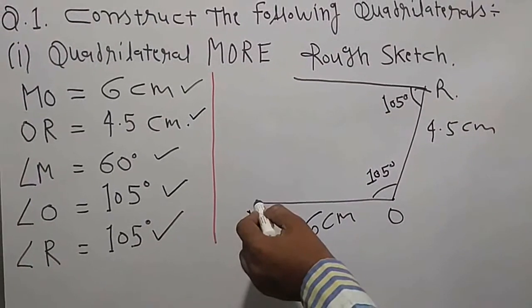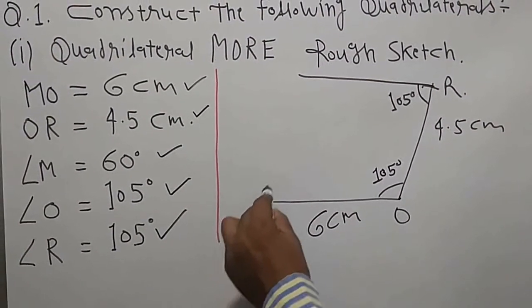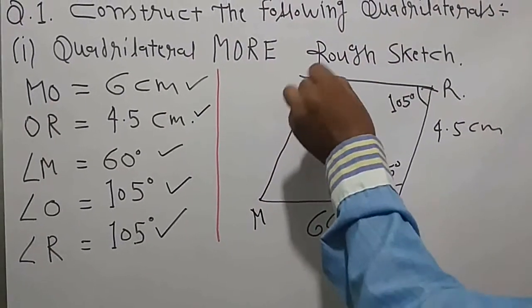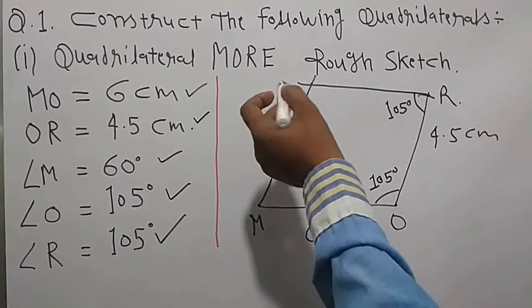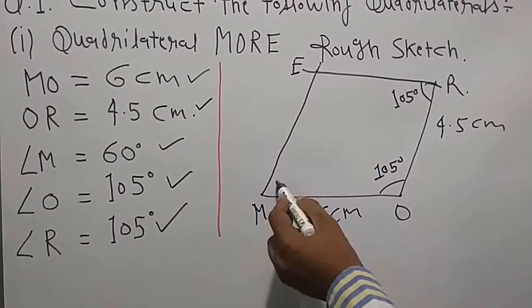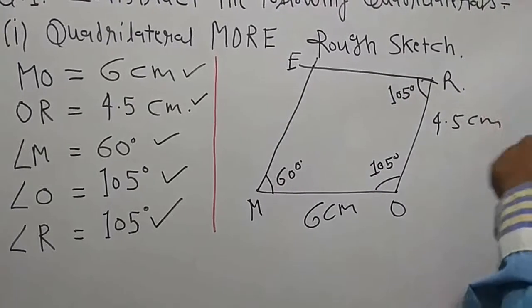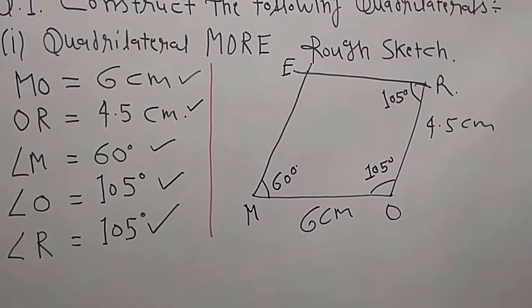So, from the point M, draw one angle of 60 degree and extend this. It intersects your previous arc at E point. And this is your angle of 60 degree. It is the rough sketch for the quadrilateral MORE.